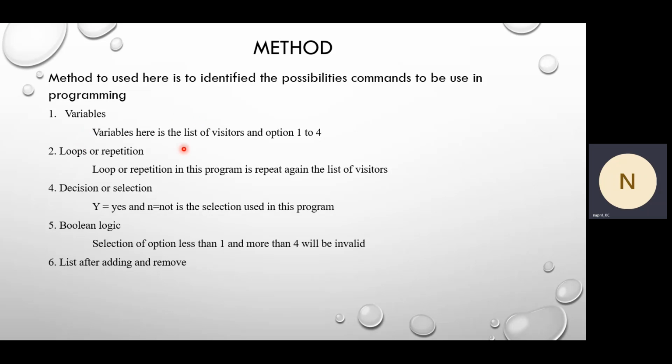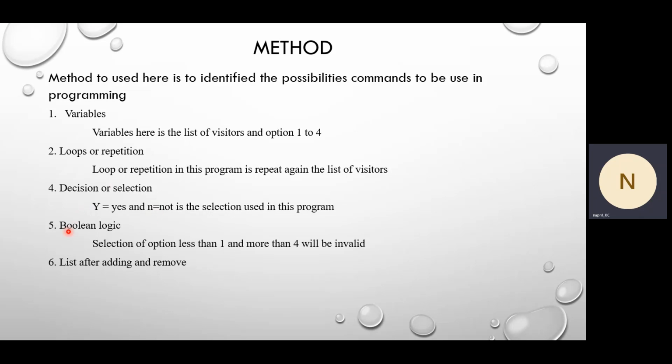The loop or repetition in this program means the list of visitors is shown again from the beginning of the program. Number 4 here is decision or selection, where we have the option yes or no, asking whether to continue the program or exit.